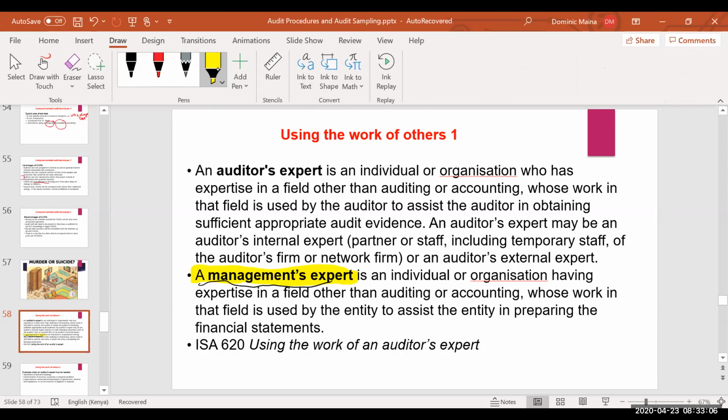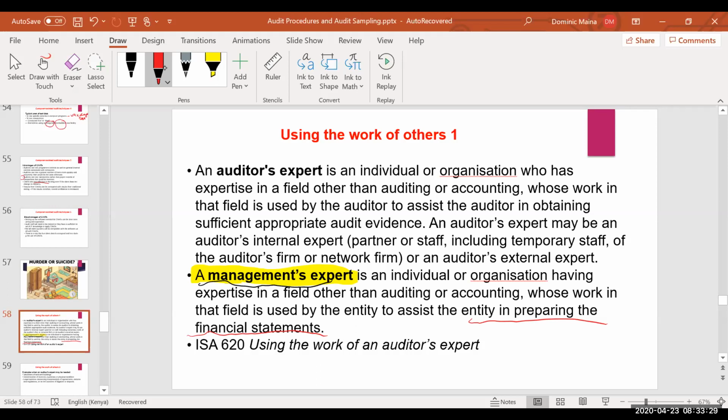What is their work? The work of this particular person is to assist the client in preparing the financial statement. Their output, their opinion, is going to be used by your client when preparing the financial statements. However, don't forget they are not auditors, they are not accountants.